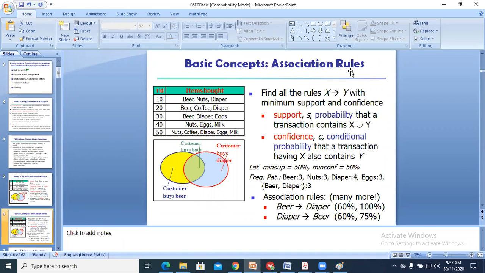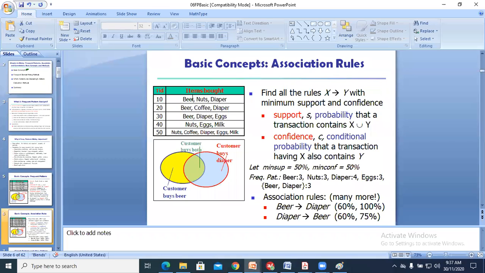So in association rules, we will see that product X implies product Y with minimum support and confidence.